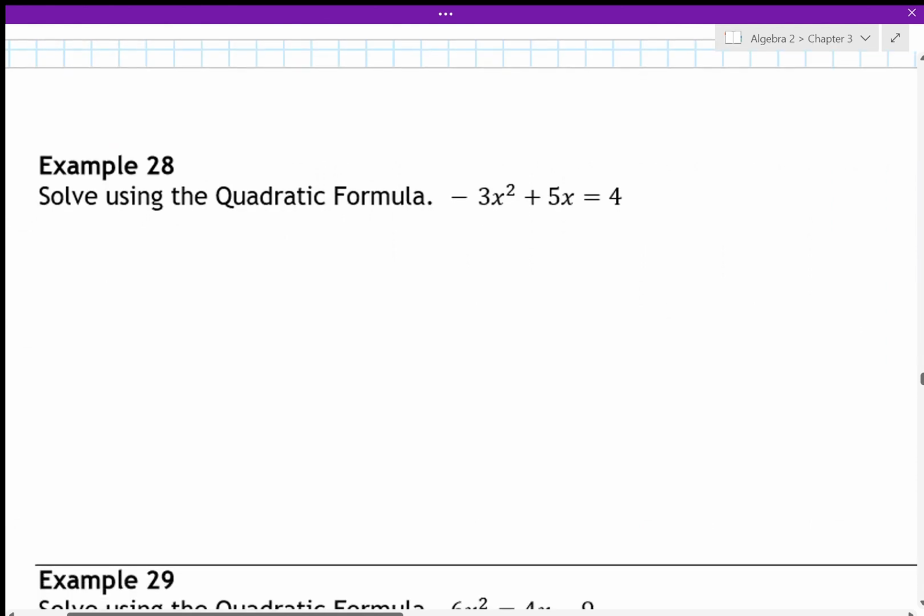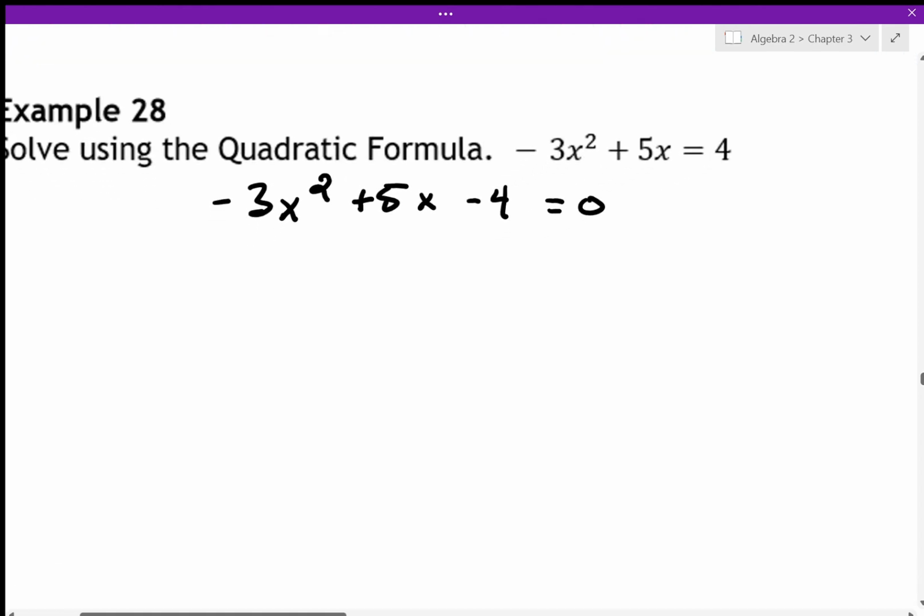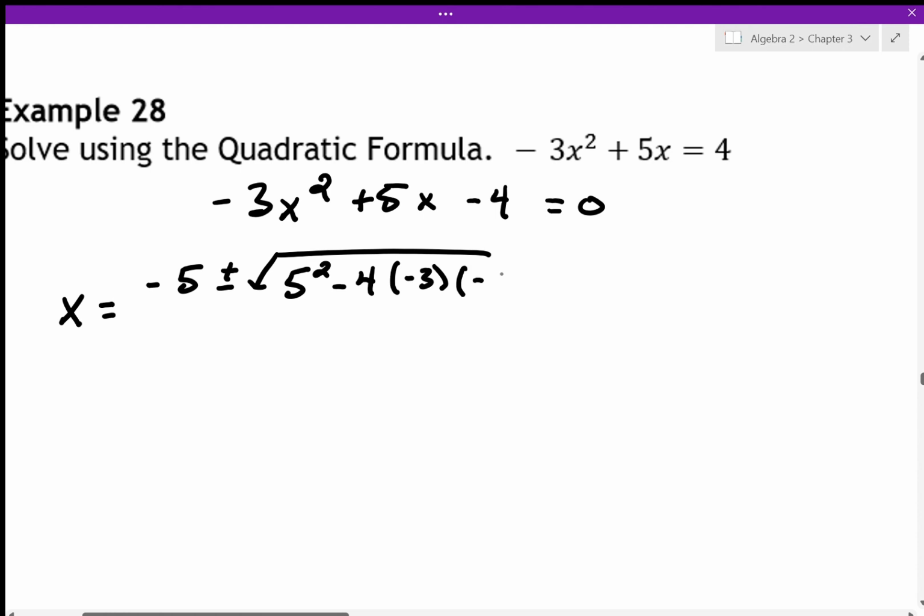Another solve with the quadratic formula. I'm going to subtract that 4 over, so we get negative 3x squared plus 5x minus 4 equals 0. And then going, again, straight into the quadratic formula. X equals negative b, so that's negative 5, plus or minus the square root of 5 squared minus 4 times negative 3 times negative 4, all over 2 times negative 3.